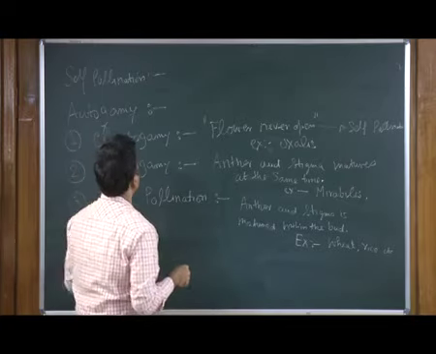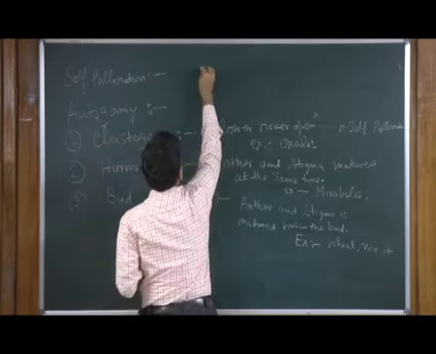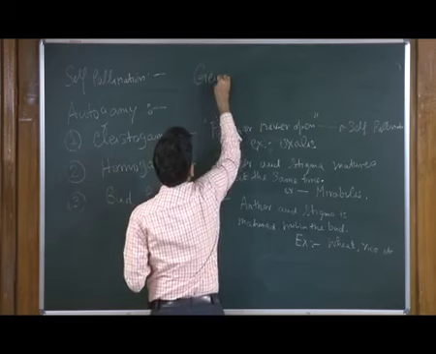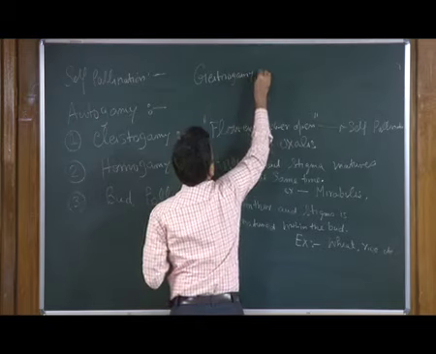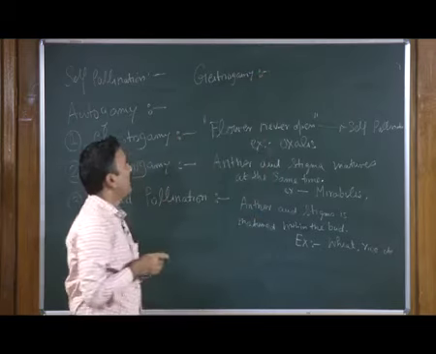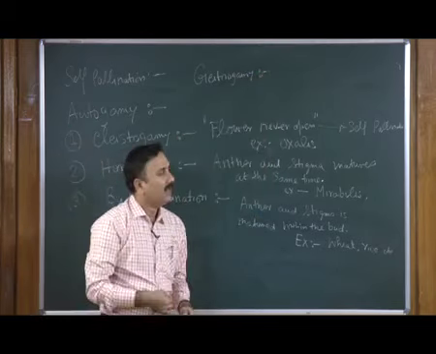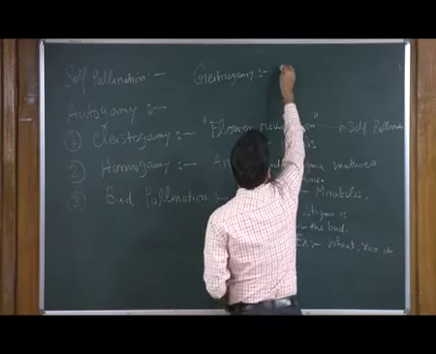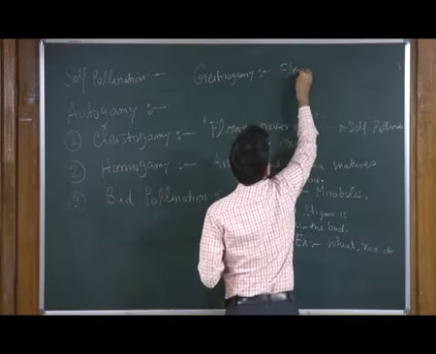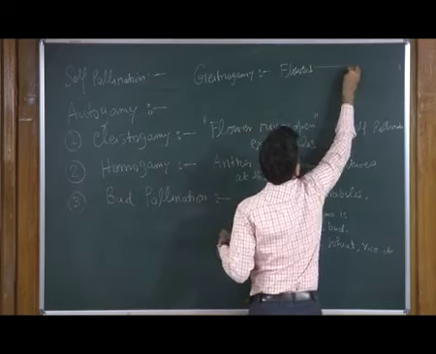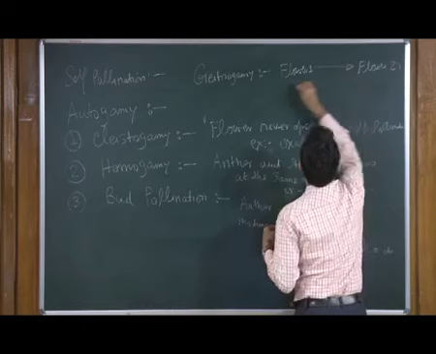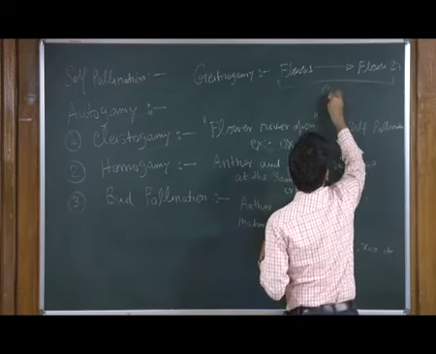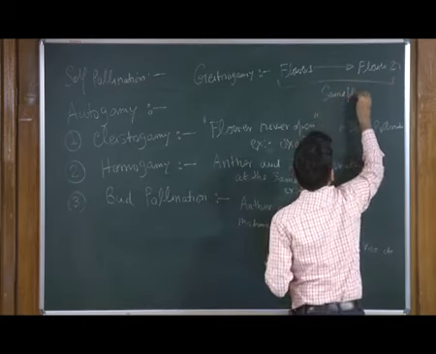There is another mode of self pollination, and that is called geitonogamy. Geitonogamy we have already discussed. Geitonogamy means that flower 1 is doing the pollination of flower 2, but of the same plant.